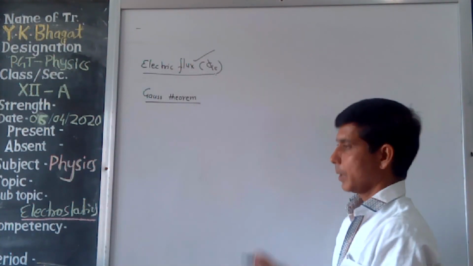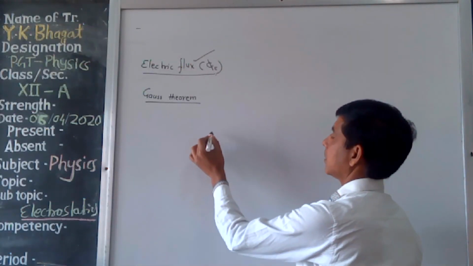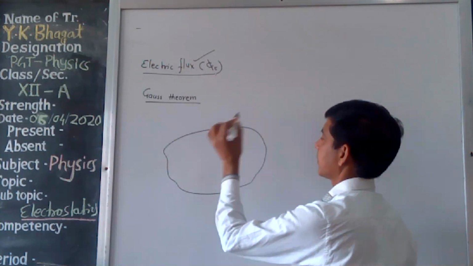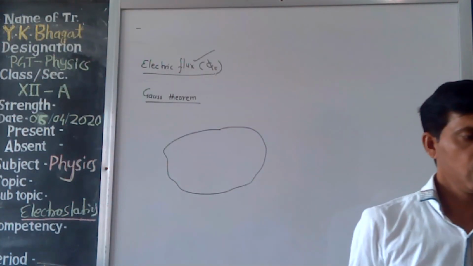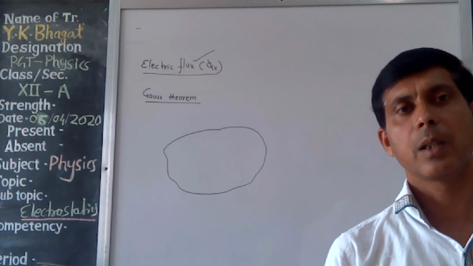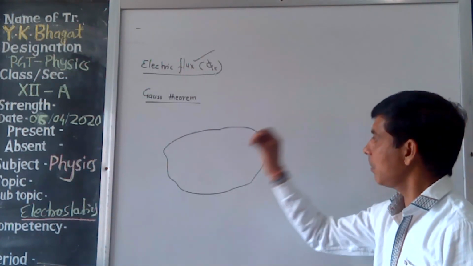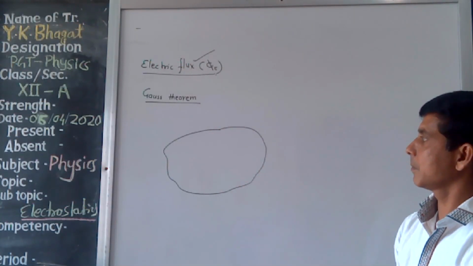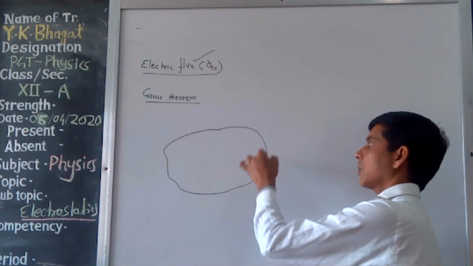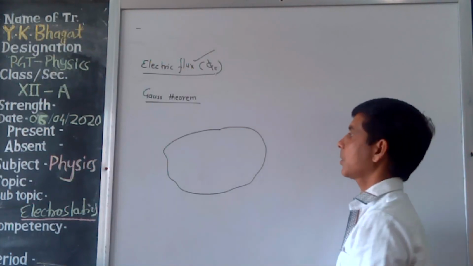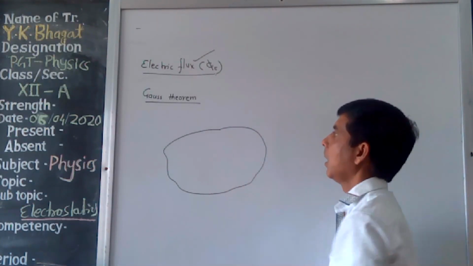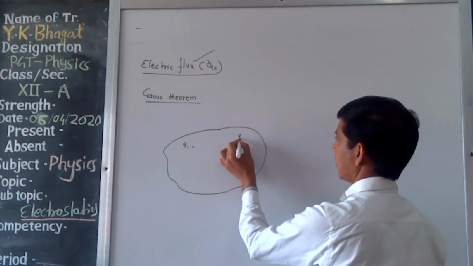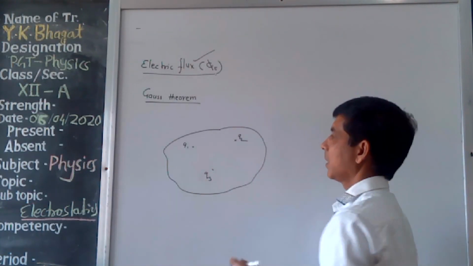The Gauss theorem statement is that for a closed surface of any shape with any number of charges present inside it in any position, suppose Q1 is placed here, Q2 is placed here, Q3 is placed here and there.